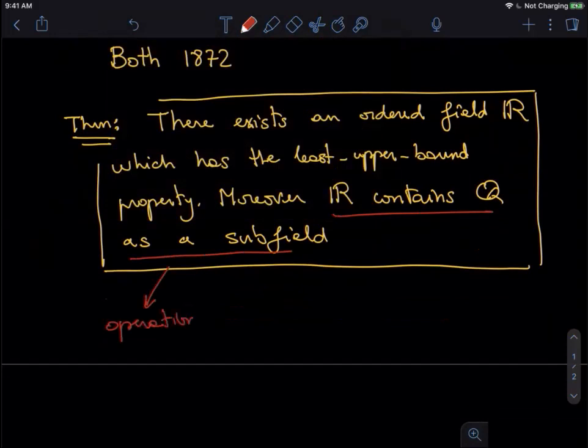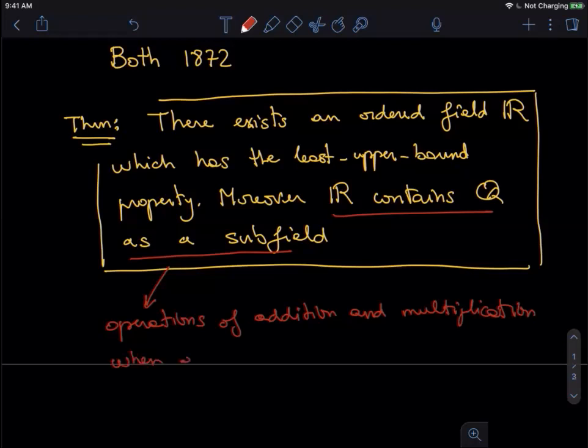The operations of addition and multiplication, when applied to members of Q, are as usual. All right.